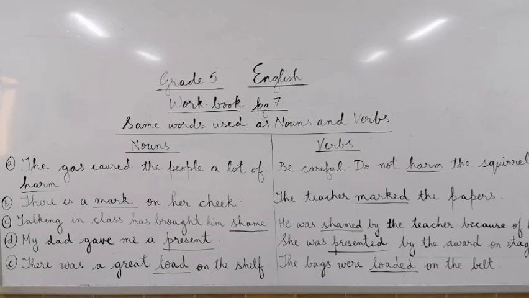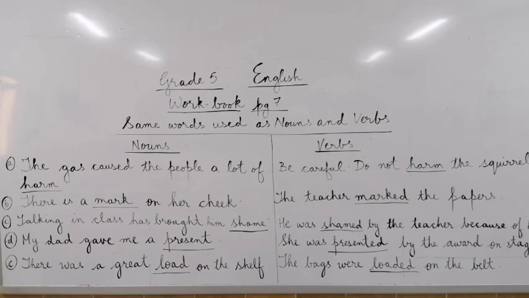So in the first 5 rows, we are going to use these words as nouns. These nouns are abstract nouns, not all of them, some of them, like harm, shame, load.